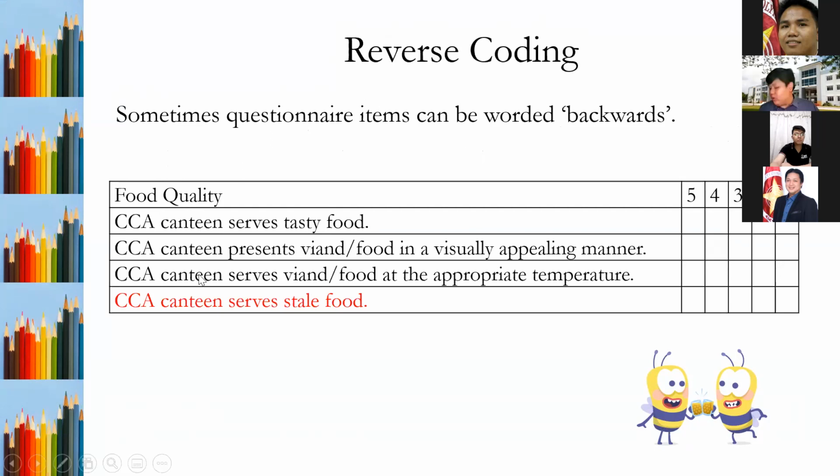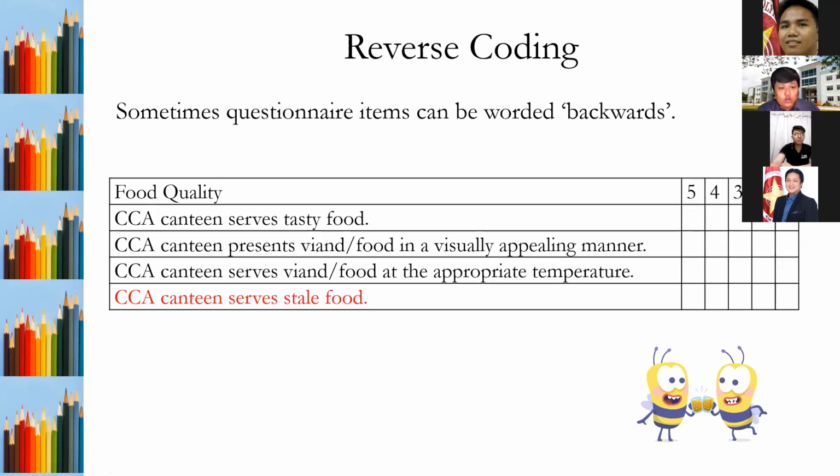You will see the first three items are stated positively and the other one is negative. For example, the respondents picked 5 for item 1, 5 for item 2, and 5 for item 3. And let's say here the answer is 1. You need to reverse code it because it is stated negatively. So instead of coding it as 1, you need to code it now as 5. That is what we call reverse coding.